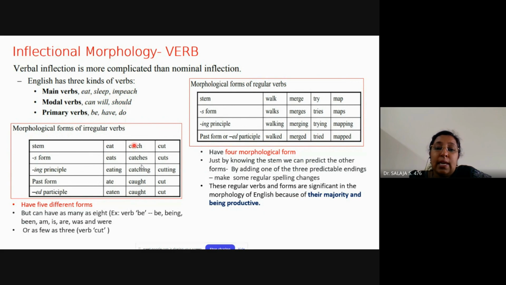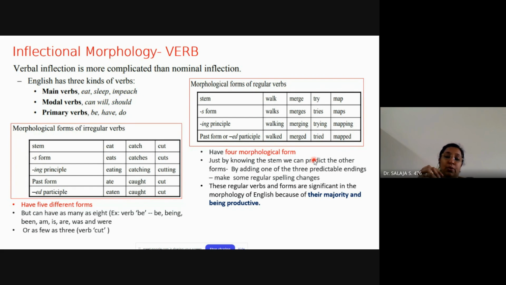Now, here is an example of regular verbs and irregular verbs. We all know about these, because regular verbs have four morphological forms. The main part of the word, which you call a morpheme, is termed here as the stem. The root word is termed as the stem.